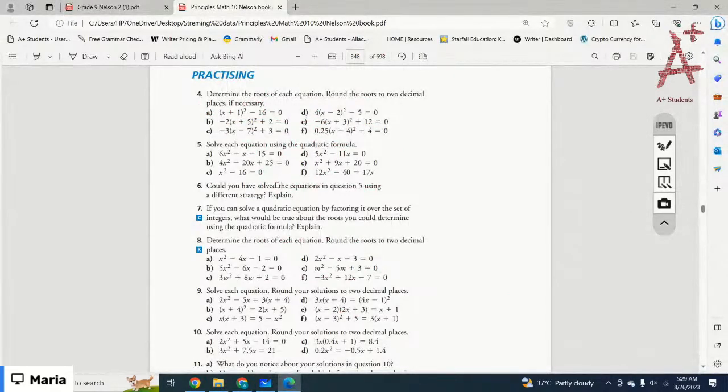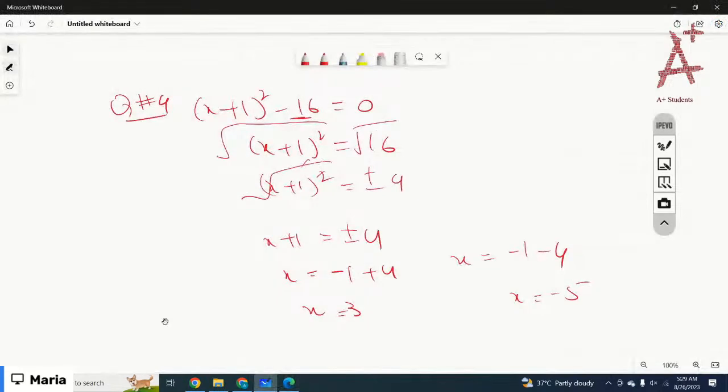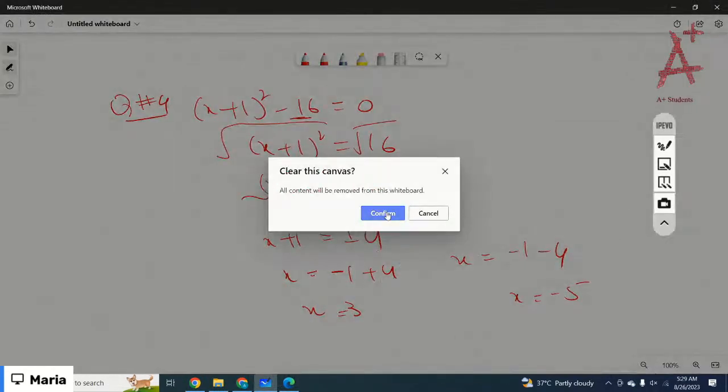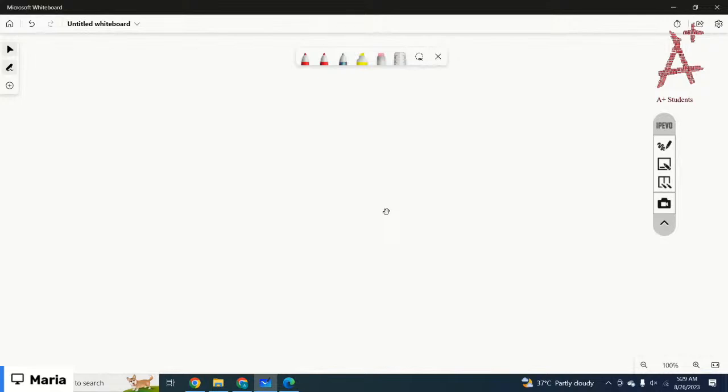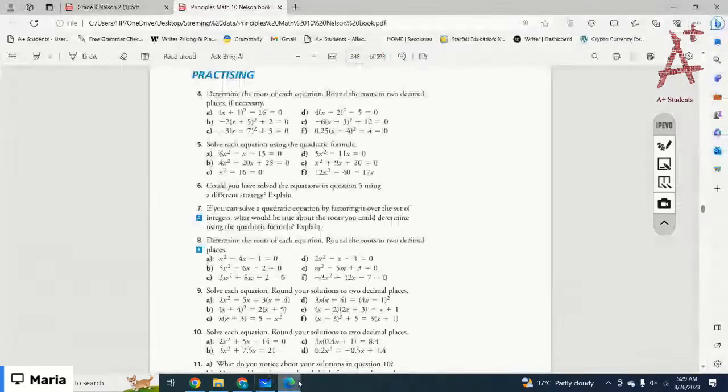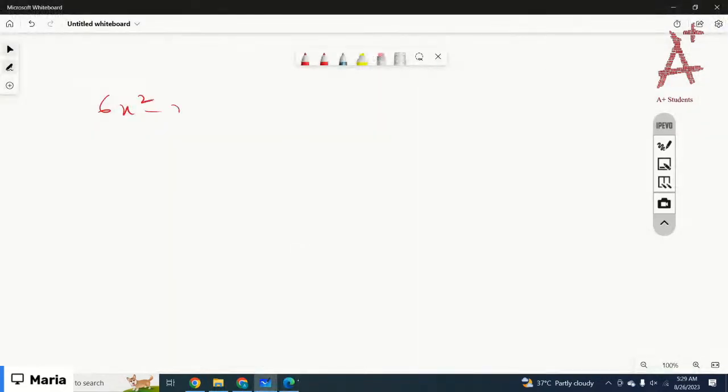Solve each equation using the quadratic formula. 6x square minus x minus 15 equals 0.